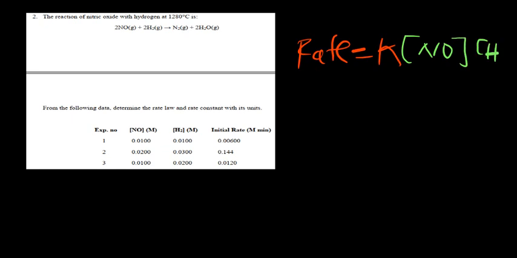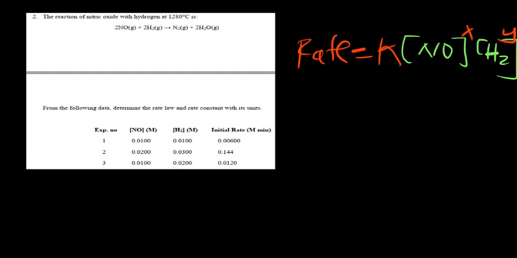Now let's try to answer the question. So a rate, basically, you need to think of it as an equation that relates the constant, okay, against the reactants. In this case, the reactants are nitrogen oxide and H2. We basically don't know the powers to which they are supposed to be raised, the powers x and y.